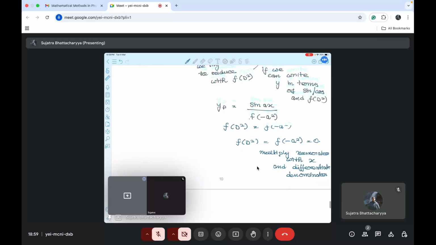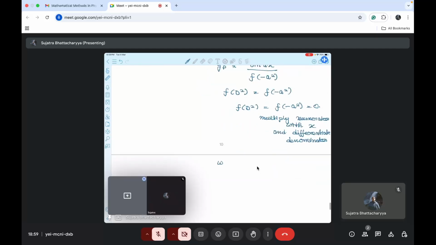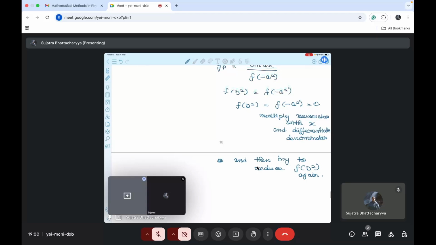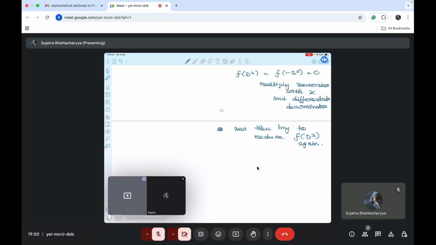But here we have to try to reduce f of d square again. So we will see with an example, and we will be able to understand.